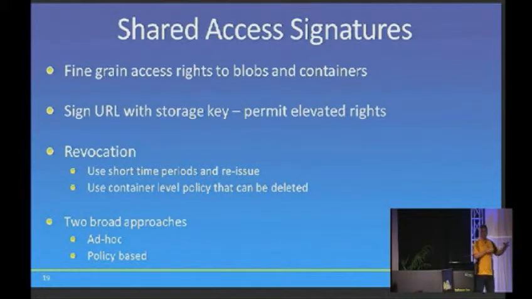So I have a blob sitting in blob storage, and I want to give you read access to be able to download it. How do I solve that? I create a shared access signature that says you have access to that blob for read purposes for 10 minutes. I give that URL to you, your client pulls that content down.